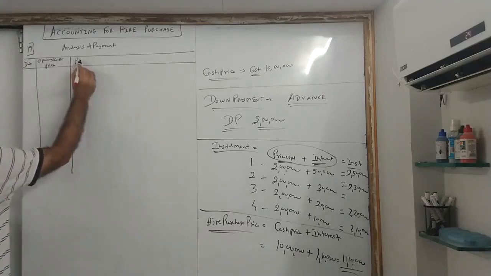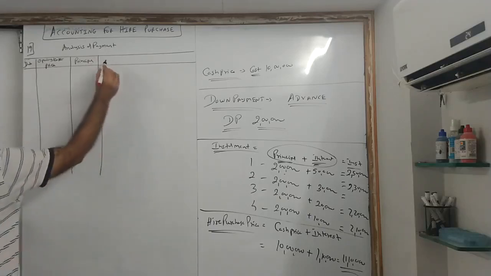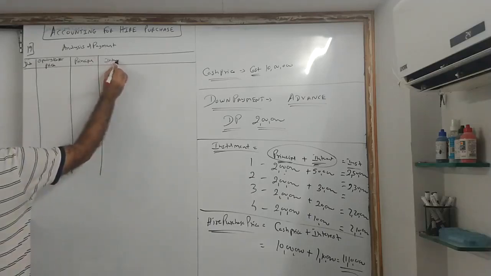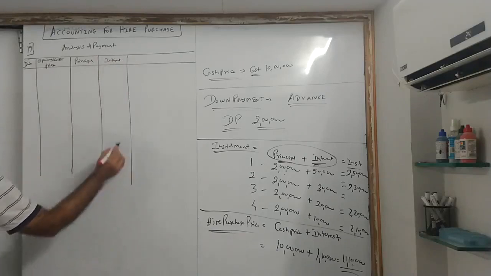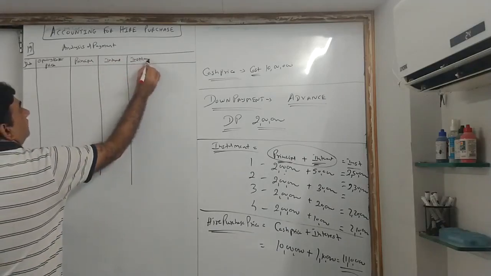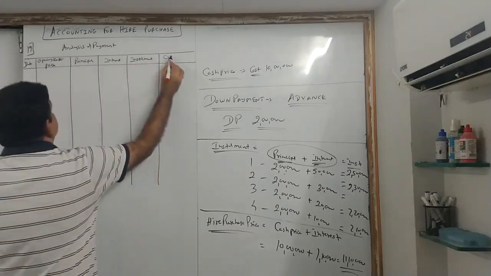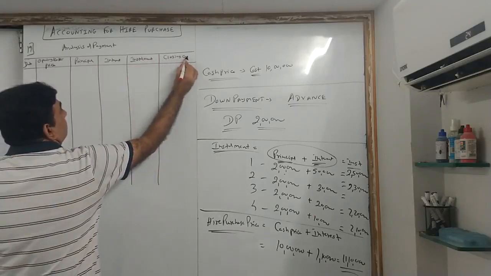Then you have principal. Then you have interest. Then you have installment. And then last, closing cash price.